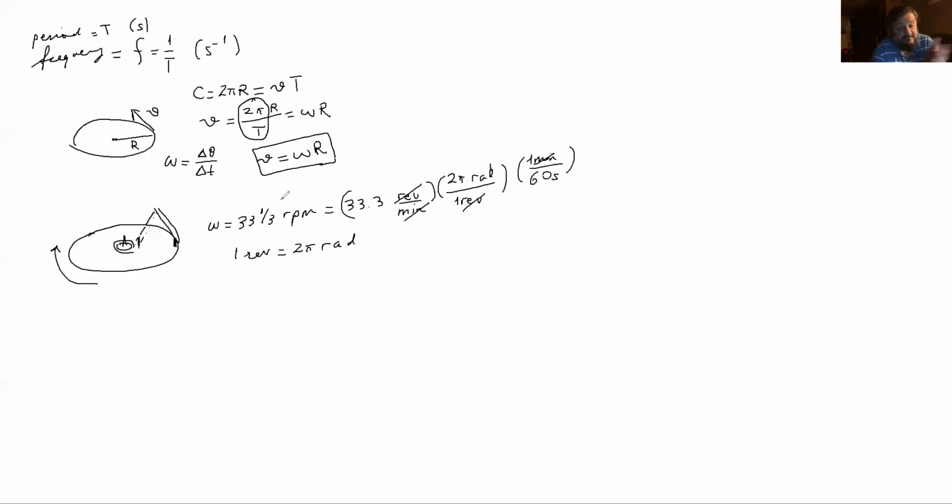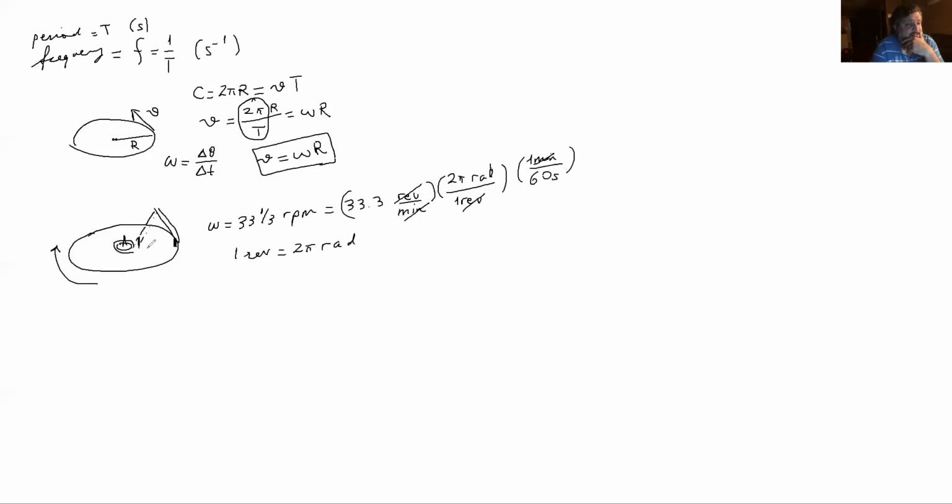Sometimes it's 45 revolutions per minute, those records from the 60s, 70s. The point is though, while it is rotating, at any given time, omega doesn't change. Omega is a constant, no matter where you are.